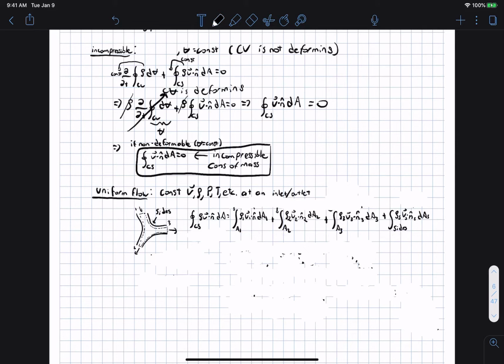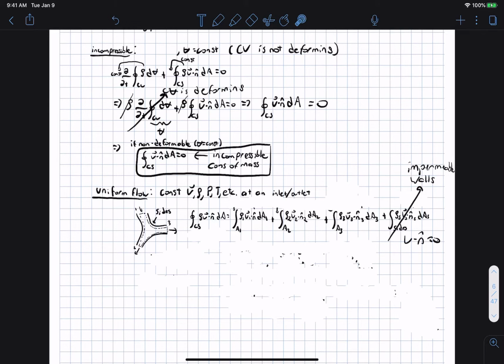If we assume that the walls are impermeable, which means that V dot n hat is equal to 0, or in other words, that no mass is crossing through these impermeable walls, that's another very common assumption that we'll be making again and again.